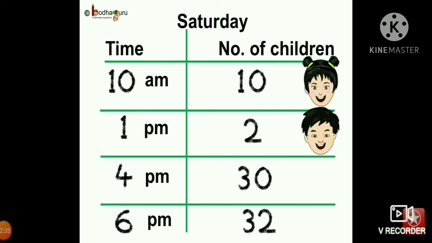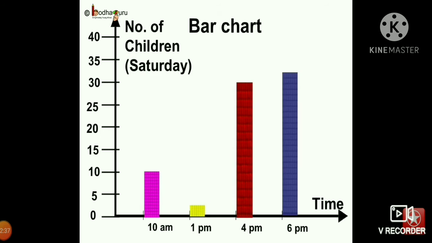Again, just draw a bar graph for this data. So this is the bar graph for the students who came on Saturday. Same as before, they have taken the number of students along the y-axis and the timings along the x-axis.